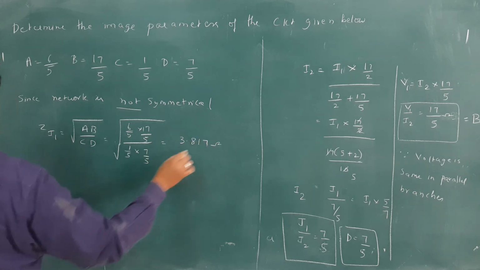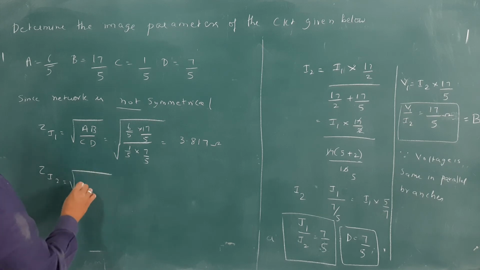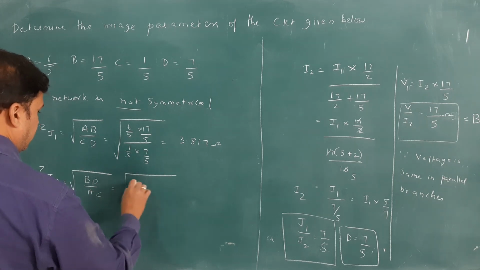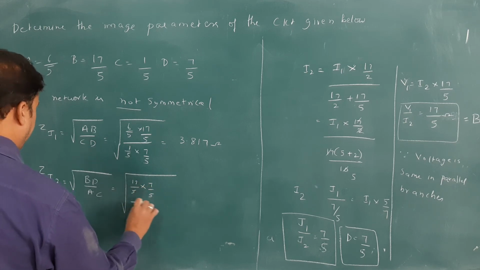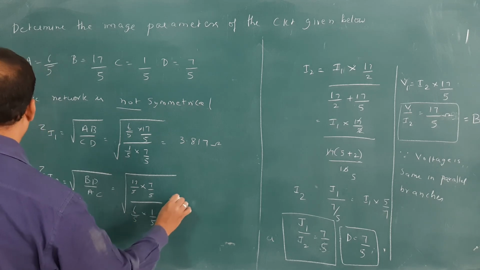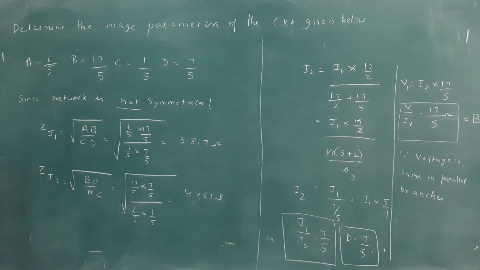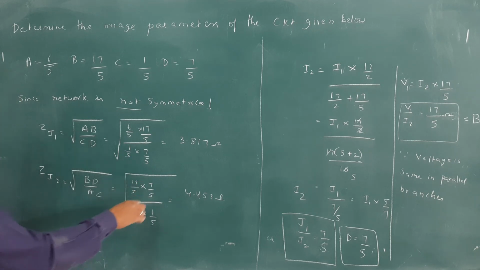This is ZI1, and ZI2 is equal to square root of BD by AC, that is square root of 17 by 5 into 7 by 5 divided by 6 by 5 into 1 by 5, that is equal to 4.453 ohms.